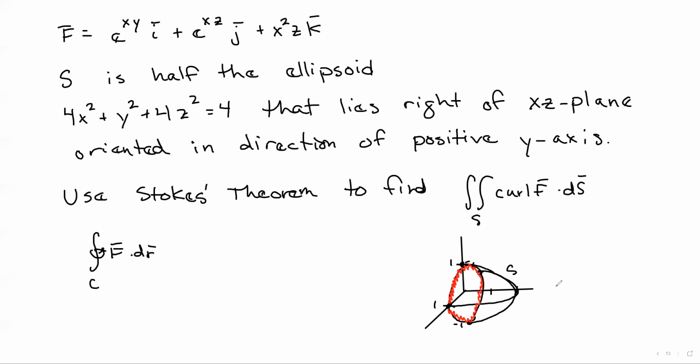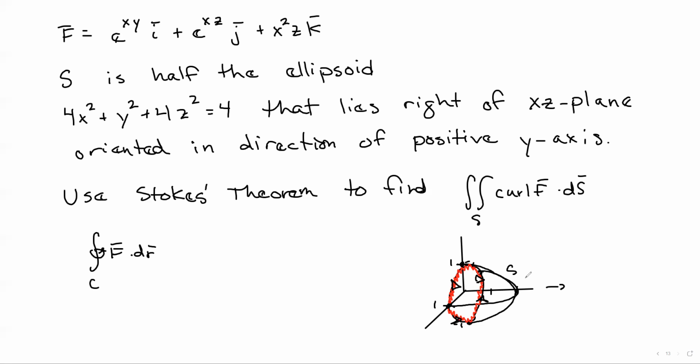It needs to be oriented counterclockwise relative to the direction of the surface. The positive orientation for the surface is the positive y-axis, which means that if you're looking down the y-axis, we want to see counterclockwise rotation. So it should look like this. That is counterclockwise, looking at it from the right.